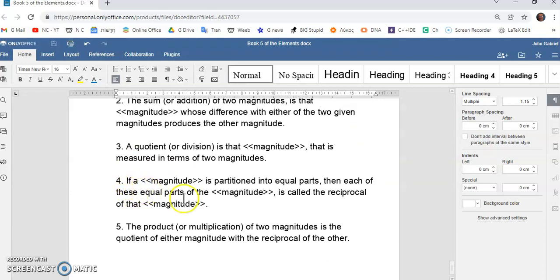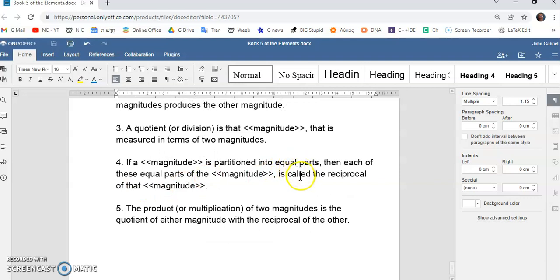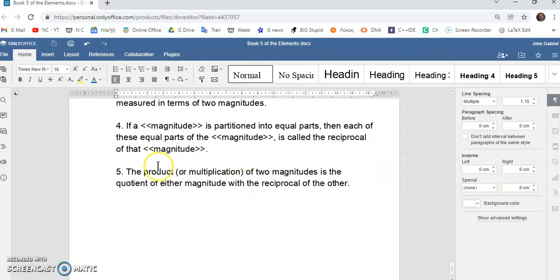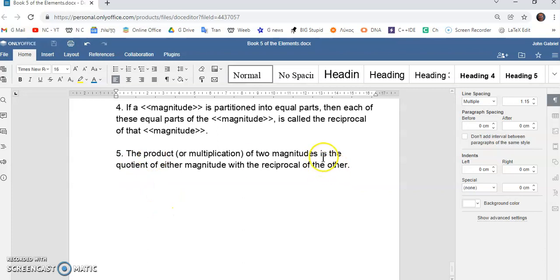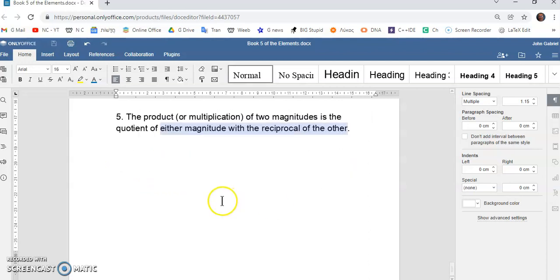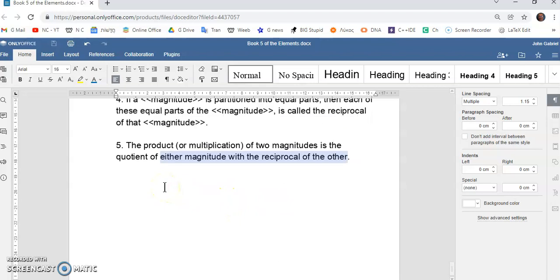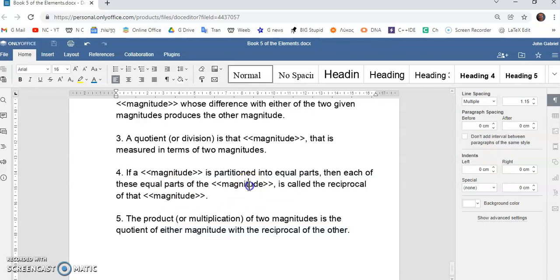And if a magnitude is partitioned into equal parts, which is what we've been doing for the consequents, then each of these equal parts of the magnitude is called the reciprocal of that magnitude. And of course, the product of two magnitudes, multiplication, is defined in terms of the quotient of either magnitude with the reciprocal of the other. So, guess what? I've described the whole thing to you in less than 15 minutes.